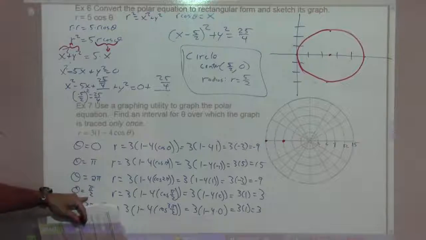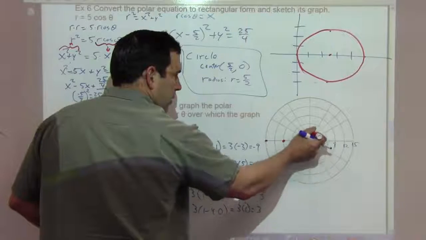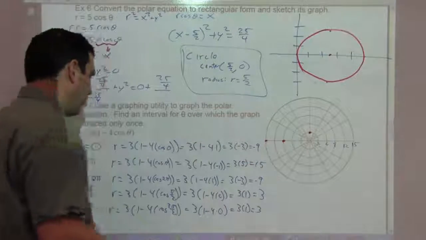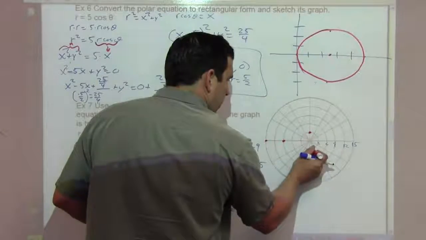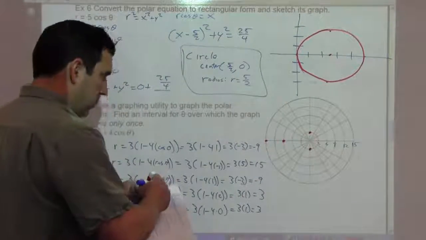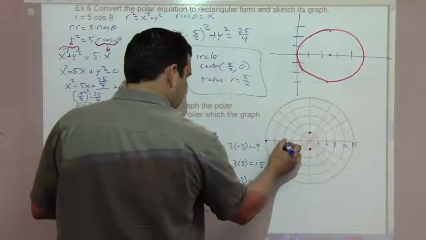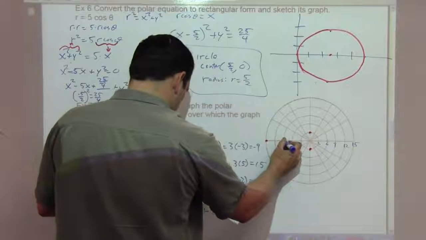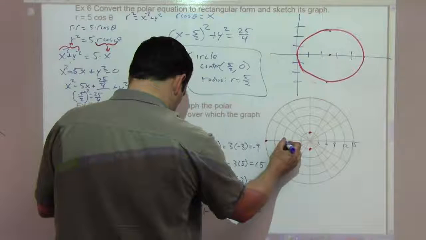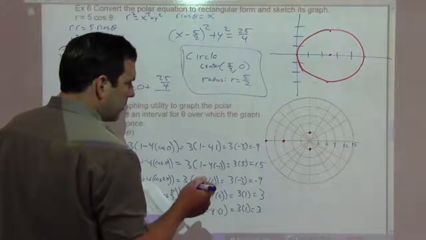For theta being pi over 2, we are at 3. And for theta being 3 pi over 2, we're also at 3. So what does this mean? It starts here, and then it's going to go... let me verify this real quick.